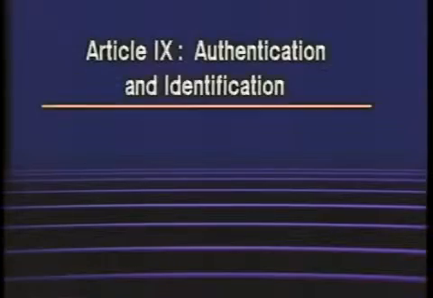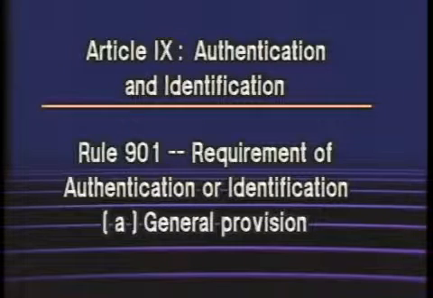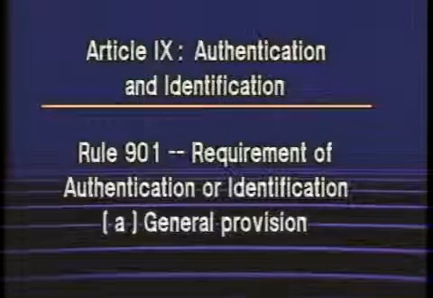Rule 901A simply sets forth the general rule that something has been authenticated where there is evidence sufficient to support a finding that it is what it is purported to be. And 901B merely gives illustrations of how 901A works.